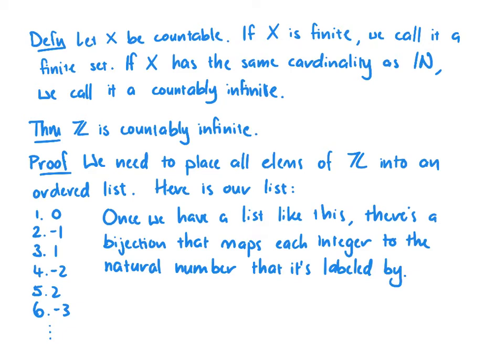Right, so here there's a bijection that would map 0 to 1, -1 to 2, 1 to 3, -2 to 4, and so on. So here's our list. It gives us this bijection. Moreover, if we took any integer, we could say exactly where it should show up on the list.